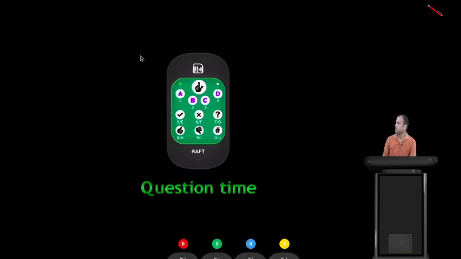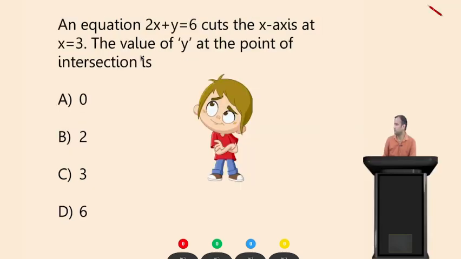Now again question time. An equation cuts the x-axis at x equals 3. The value of y at the point of intersection is, and your time starts now.